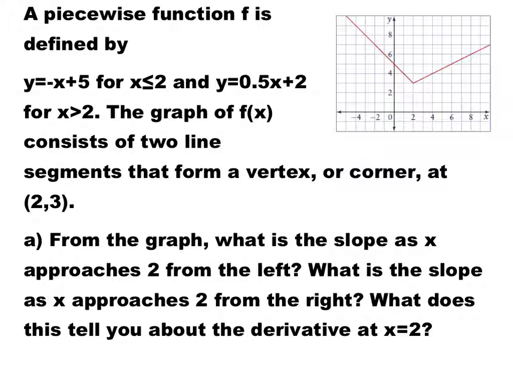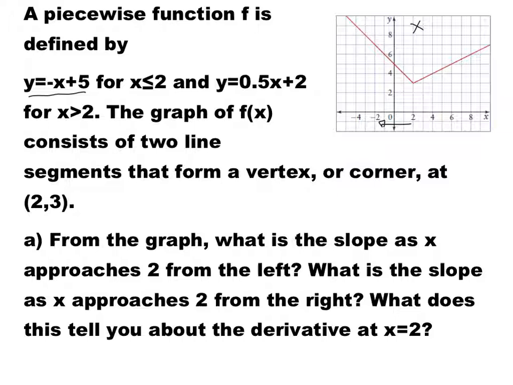The next example is a piecewise function, which is shown on the right, which is this graph here. The function is defined the following way. When x is less than or equal to 2, which is this part, it's given by the equation y equals negative x plus 5.